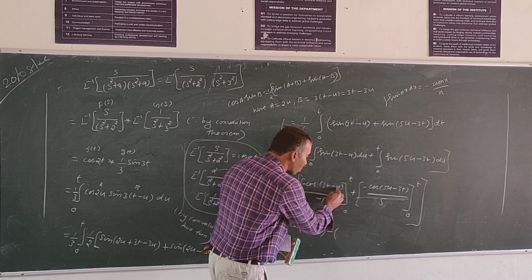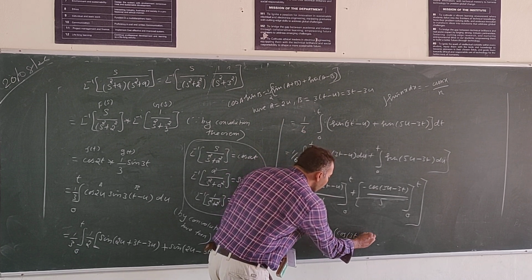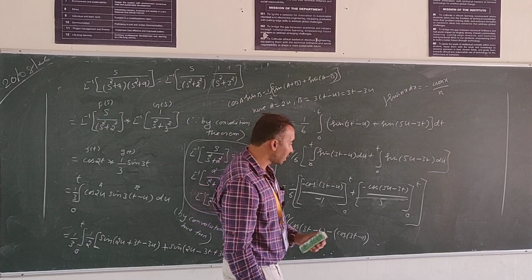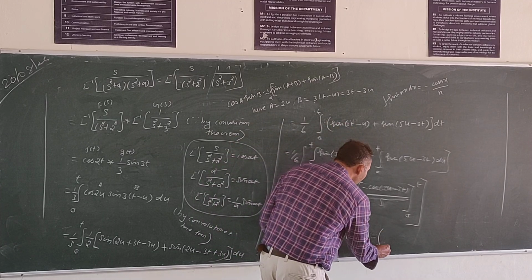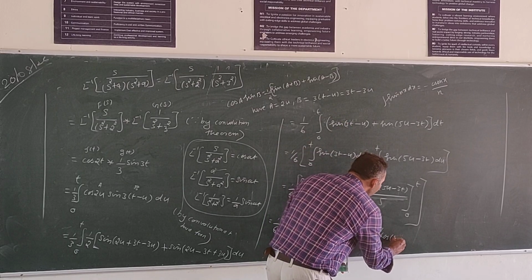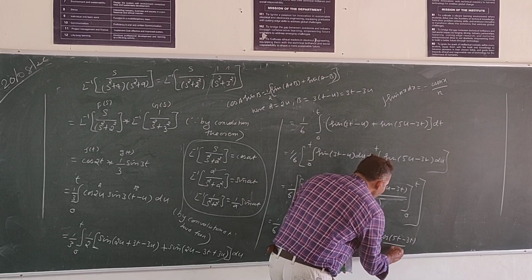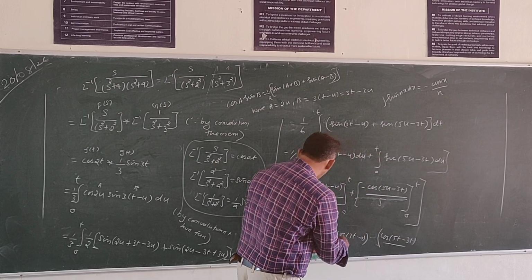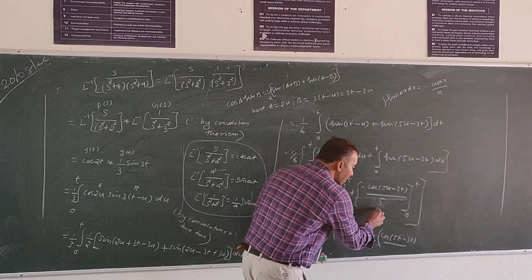Instead of u we put 0: cos(3t minus 0). Next, bring this minus outside and put the bracket: cos(5t minus 3t) divided by 5, so take 1/5 outside. Yes, it is a constant.